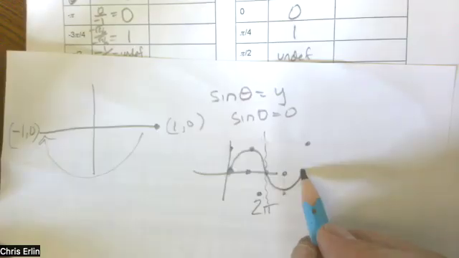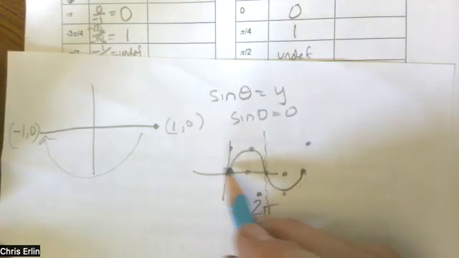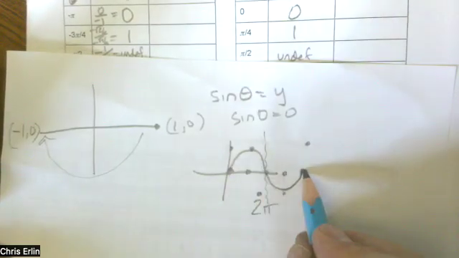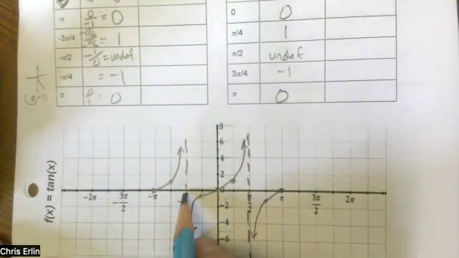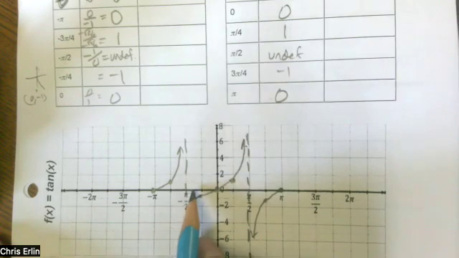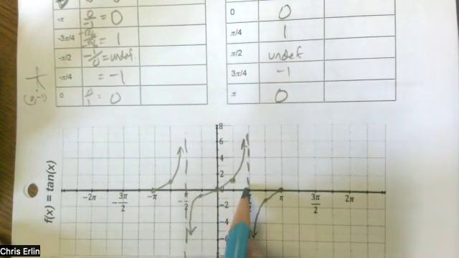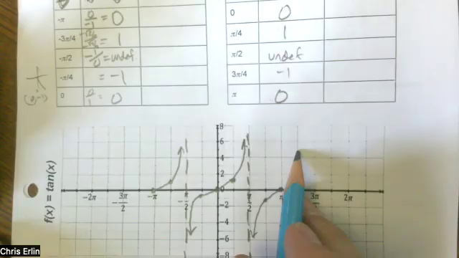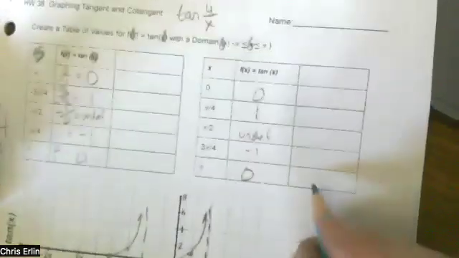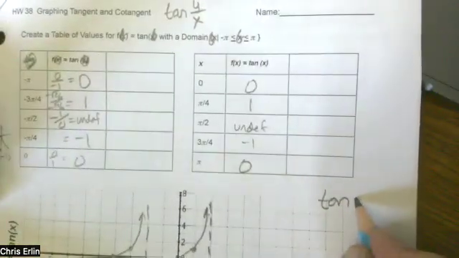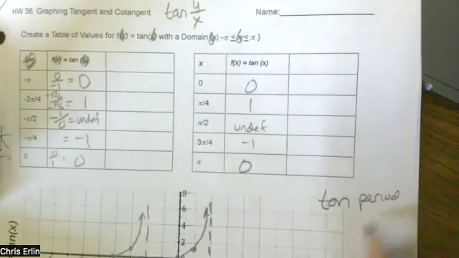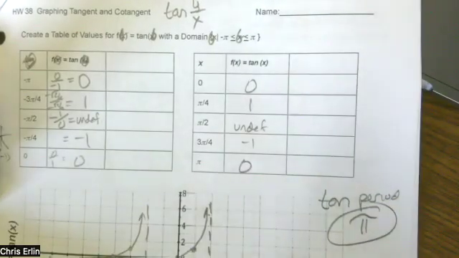So has this cycled out in 2 pi when we do the ratio? Or have I seen every value between negative pi over 2 and pi over 2, and then it starts over again? Turns out that tangent has a period of just pi, not 2 pi.